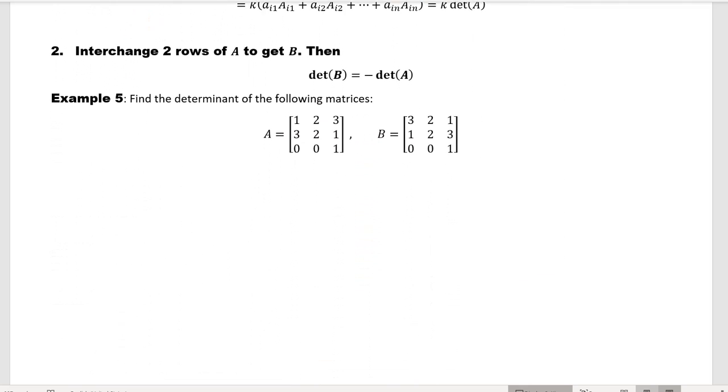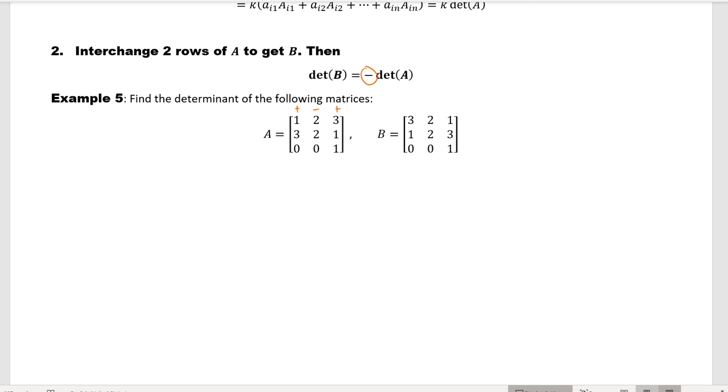Second property, interchange two rows of A to get B. Then for the determinants, you get a minus sign. Why is that? Remember the signs go plus minus plus. If we interchange two rows or columns, let's see here.